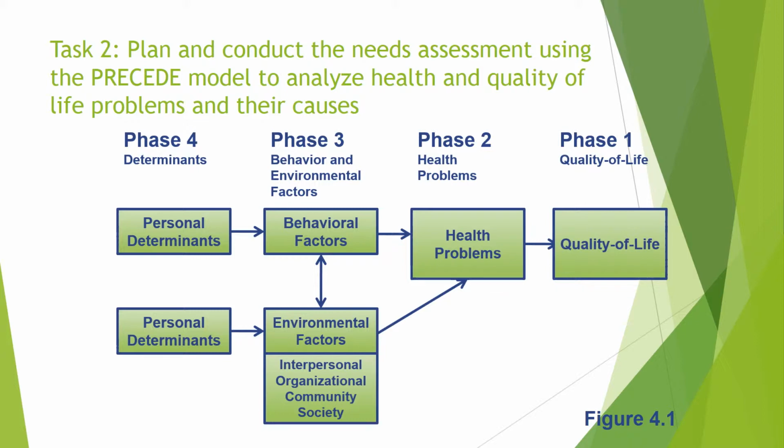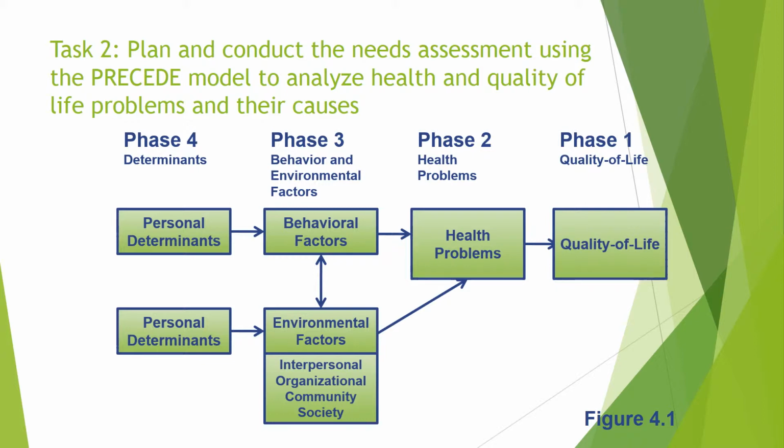So you can see on the right side, you have quality of life. And the perspective of the precede model is that everything boils down to quality of life. We don't care about health unless it changes our quality of life. And health problems are caused by behavioral factors and environmental factors. And the environmental factors include anything outside the person.